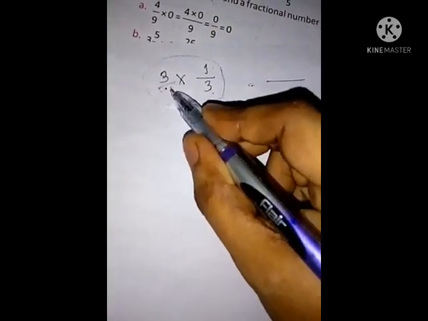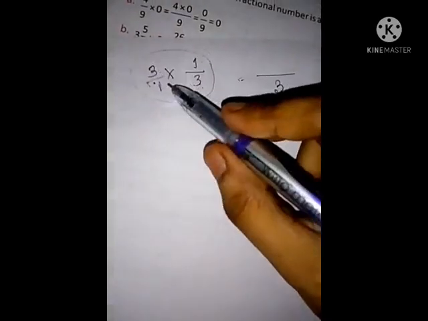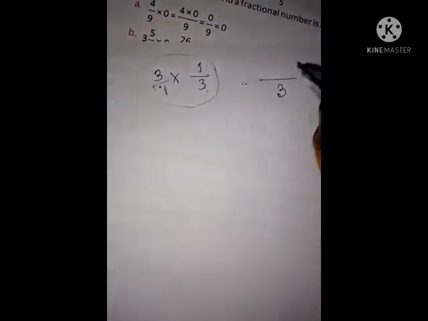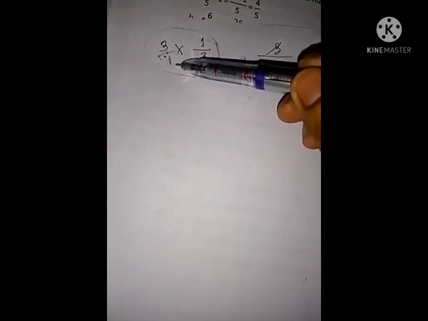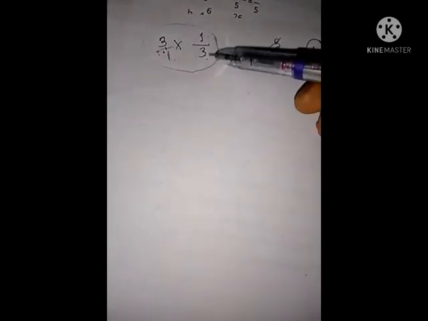Here as denominator 1 is always present below a whole number, and 1 3s are 3, 3 1s are 3, and we can divide this 3 by this 3, so the result is 1. If the product of two numbers is 1, then 3 is the multiplicative inverse of 1 by 3.